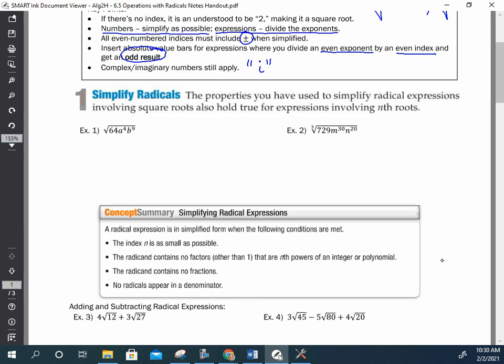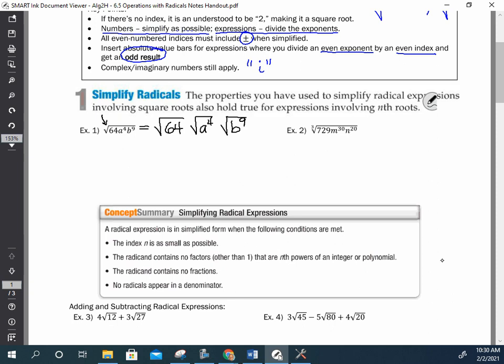So example 1. Square root of 64 a to the 4th b to the 9th. So the first thing that you should do to keep everything in order is to separate all the individual parts. So again, there's no number where the index is located, so this is a square root.